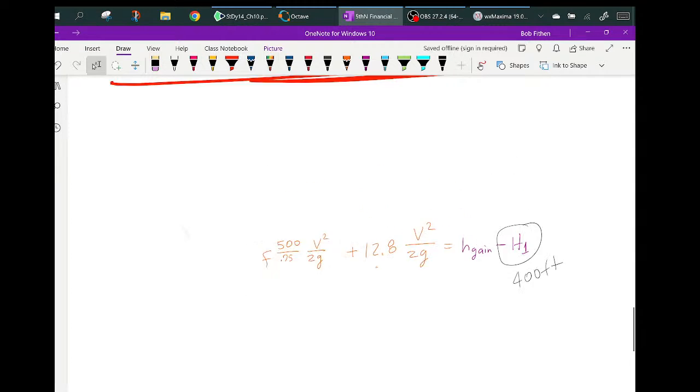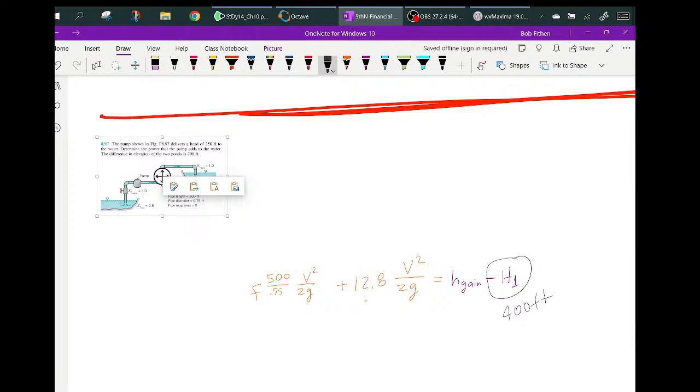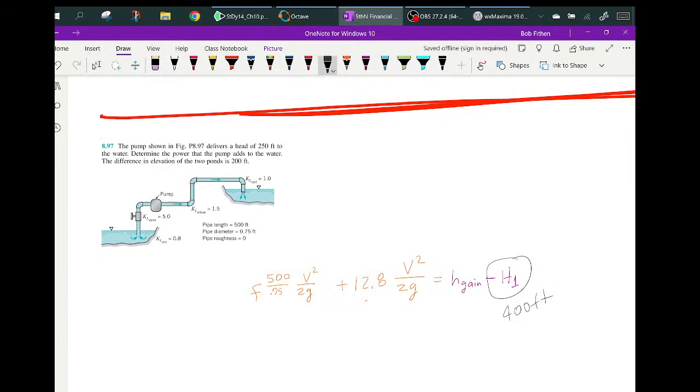So here's our picture. Maybe I can stick it right there. So instead of it being, how about we say 350 feet? So that means that this is going to be 350 right here.